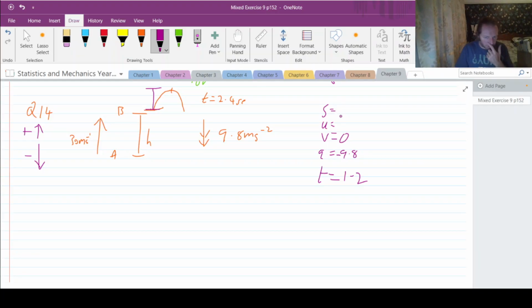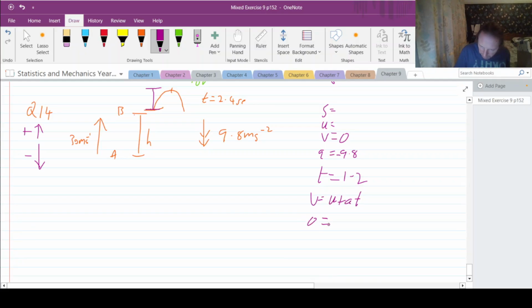Now with that done, we can find out what the U and the S are for that. More importantly, we want to know what the U is so that we can find out what the final velocity of the h is for this part of SUVAT. So let's have a look at finding U. We want the equation with no S in it, so v equals u plus at.